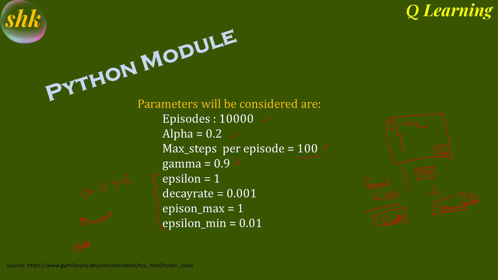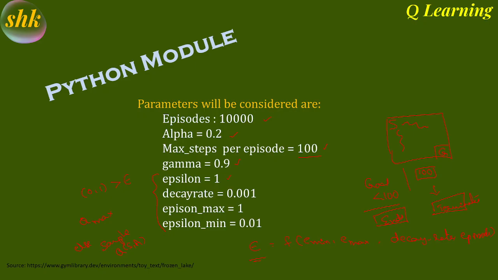Else we sample the action space. Initially we will select epsilon as, let us consider, the value 1. The decay rate will be used for updating epsilon, which is a function of epsilon minimum, epsilon maximum, the decay rate, and the episode.